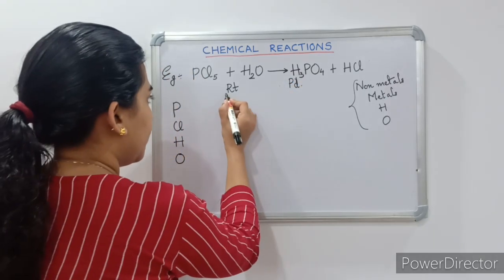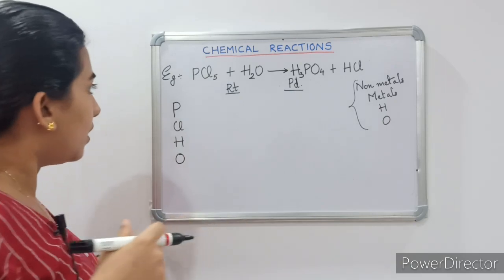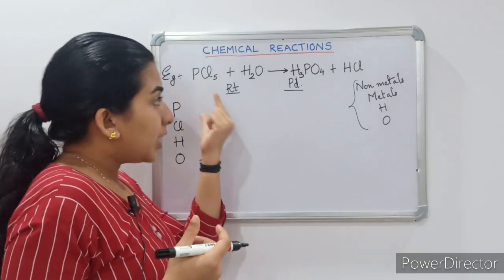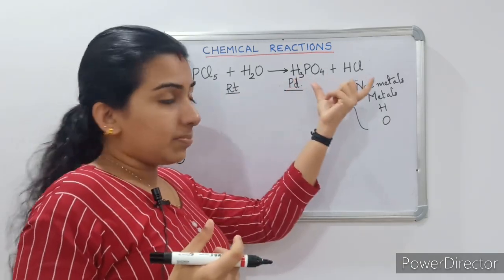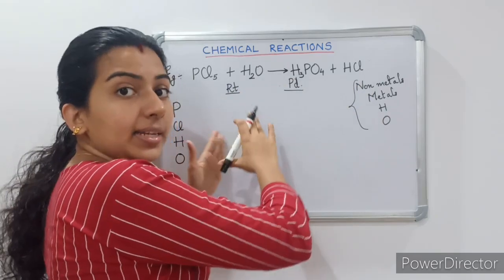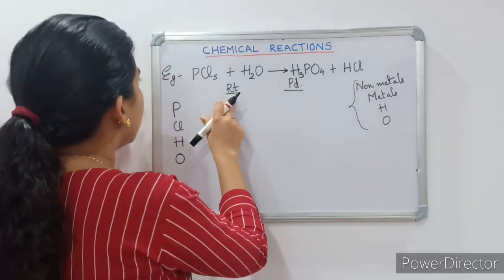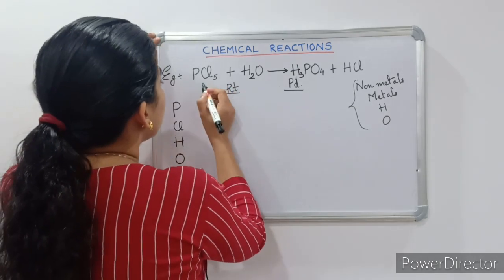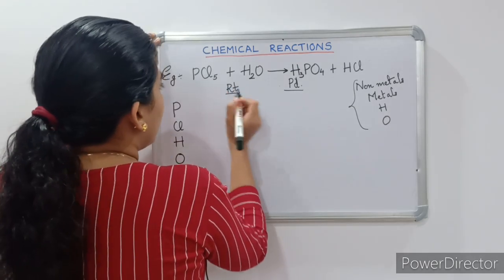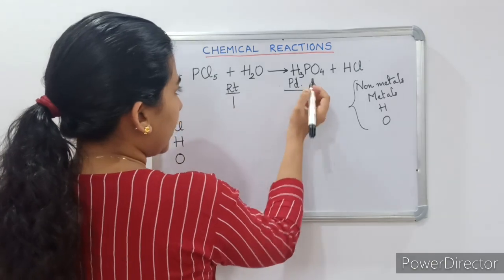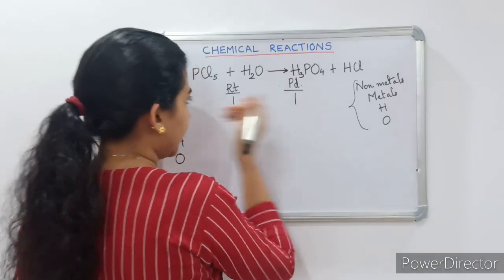Now write down the number of elements present on both the reactant and product side. In the reactant side, the number of phosphorus is 1, and here it is also 1.